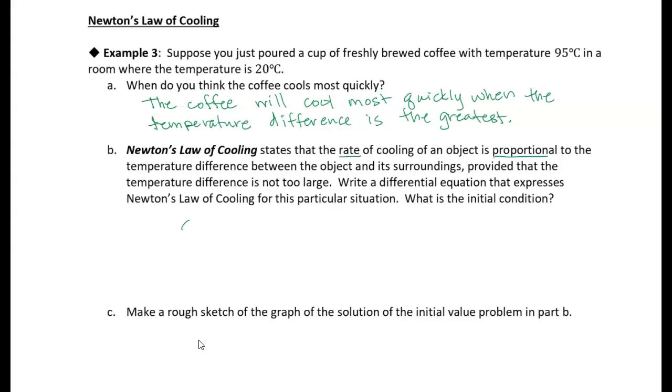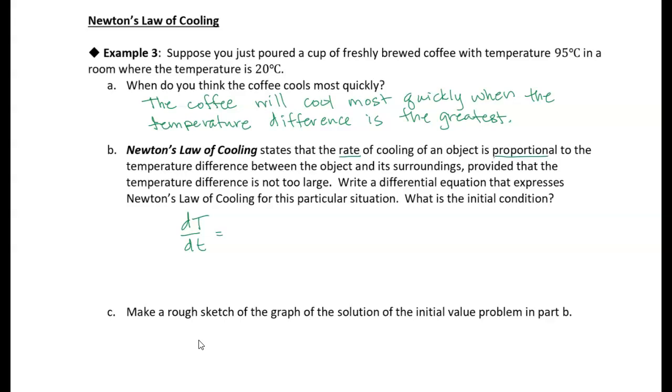So I'm going to write dT/dt, where capital T represents temperature and lowercase t represents time. I know I'm using two t's here, but a lot of times you see that. And that's equal to, we need some constant of proportionality, right? Because it's a proportional relationship.